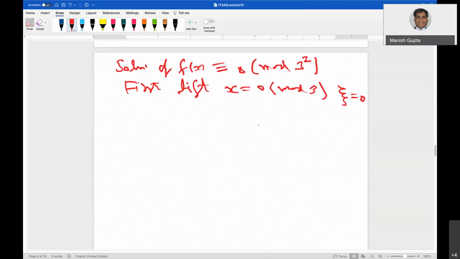So we have f of 0 divided by 3 is equal to 189 divided by 3 is equal to 63. f dash of 0 is equal to 0.